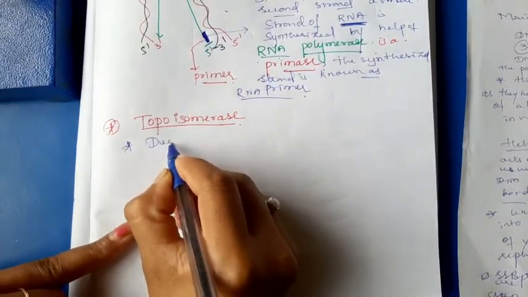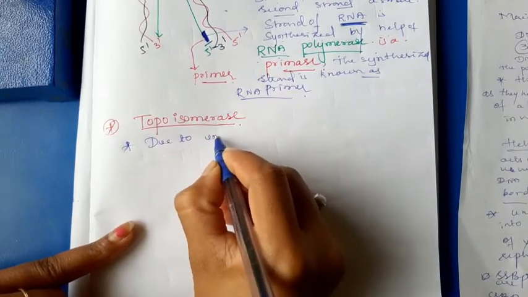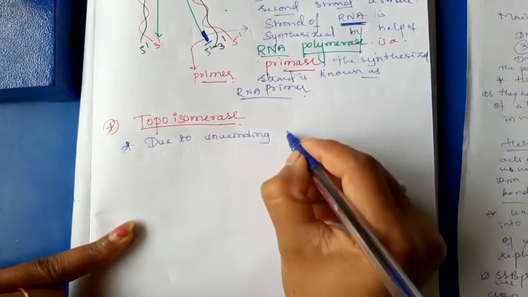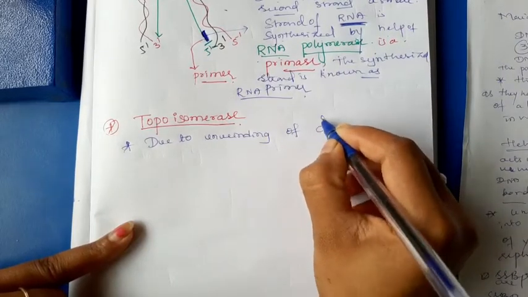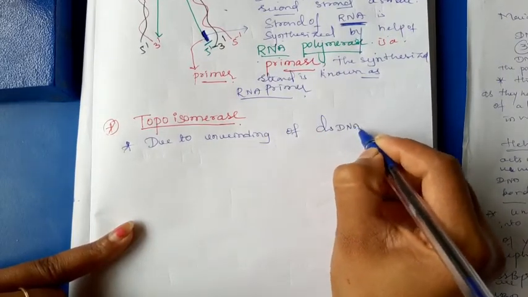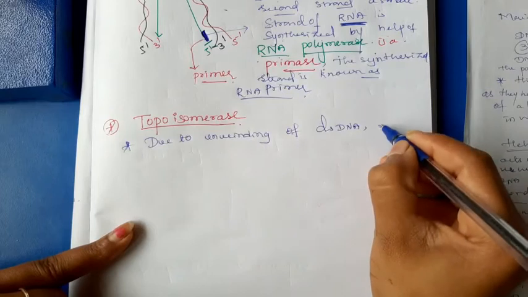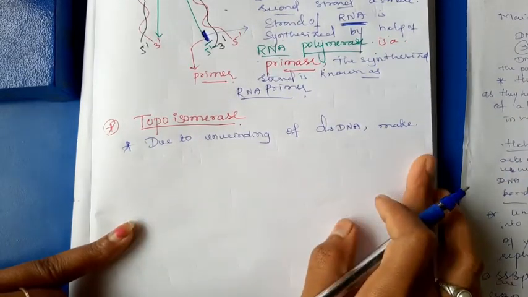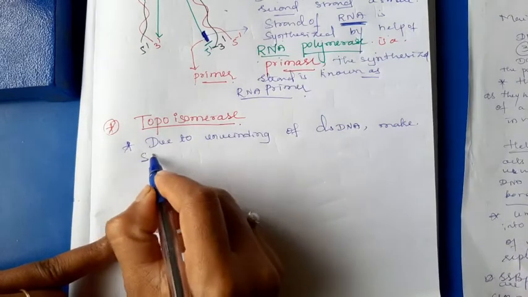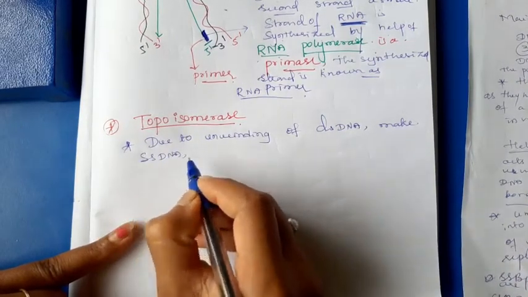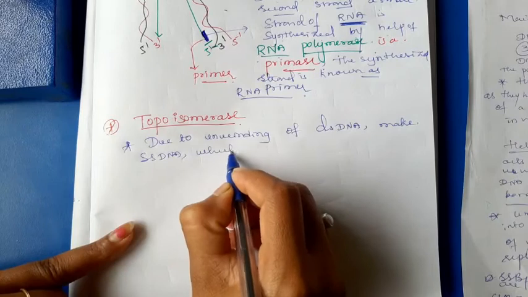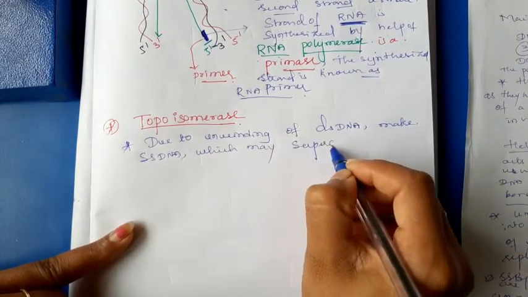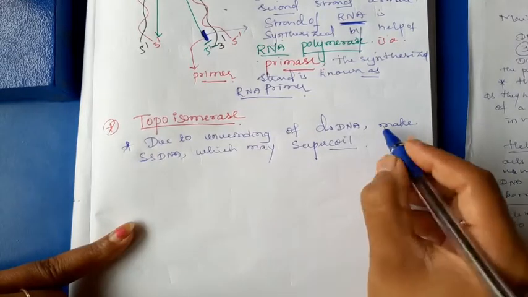Due to the unwinding of double stranded DNA, single stranded DNA is made, in which supercoiling may get developed.